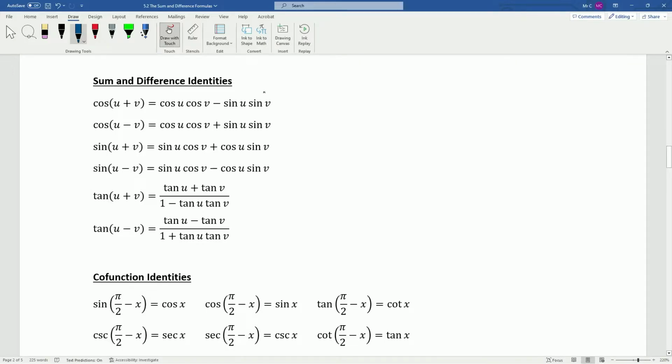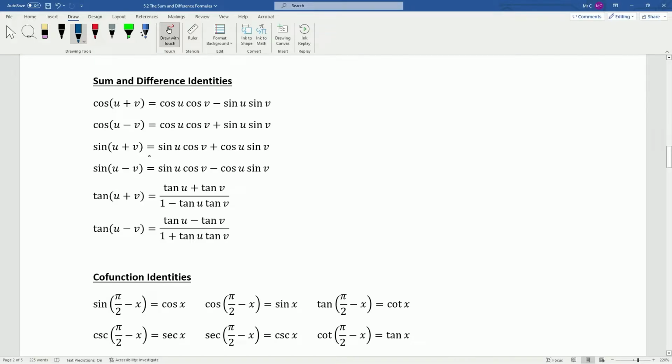So cosine of u plus v equals cosine of u cosine of v minus sine of u sine of v. Cosine of u minus v equals cosine of u cosine of v plus sine of u sine of v. So the only difference here is that when I go to the difference formula for cosine, my sign in the middle switches to plus.